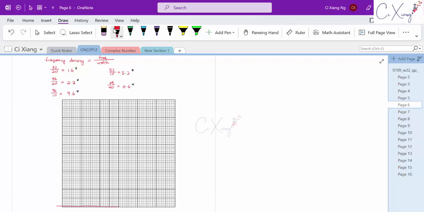I want to label my x-axis first, where this is time, with t in minutes. And our y-axis will be frequency density.